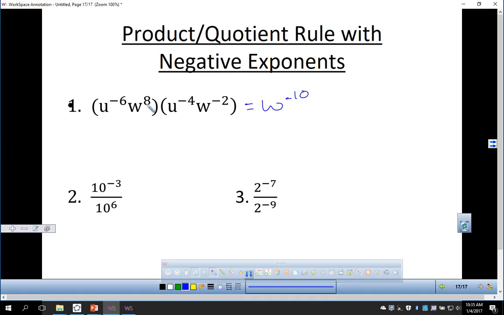What's positive 8 and negative 2? Whoops, I messed up. That should be a U, not a W, right? Sorry. Let's try again. So that's going to be U to the negative 10th, W to the positive 6. But if I want to write this without negative exponents, what do I do with that U? Bring it downstairs. That's equal to W to the 6 on top, U to the 10th on the bottom. Okay?